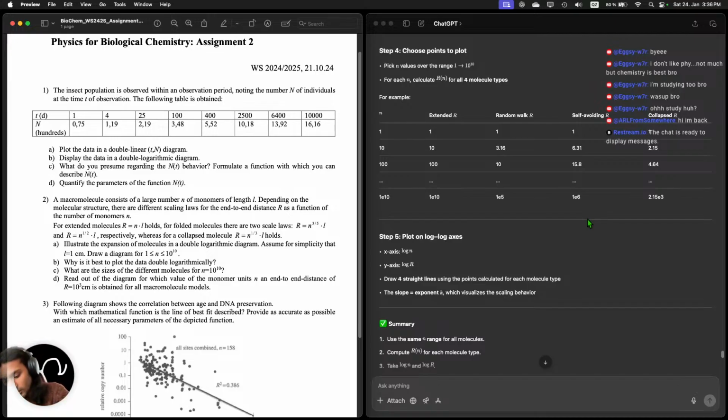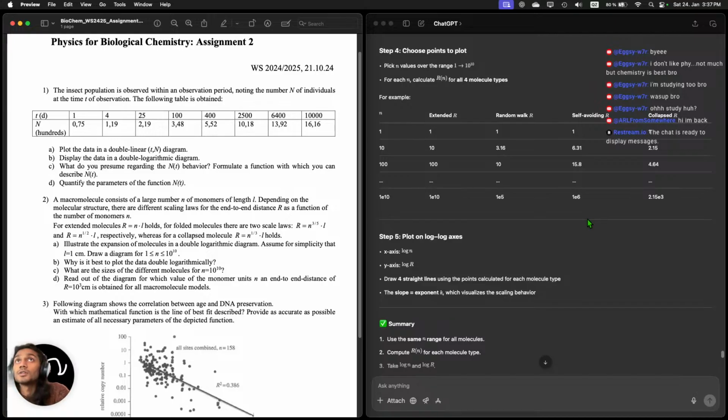Extended molecule: R equals n times L. Folded: R equals n raised to 3 by 5 times L, and R equals n raised to 1 by 2.